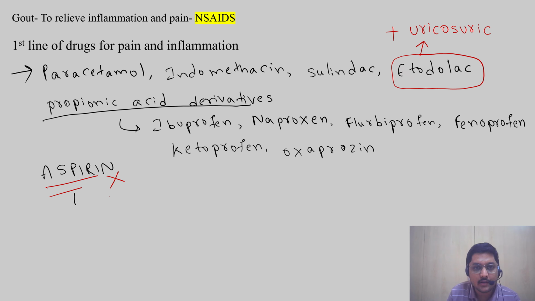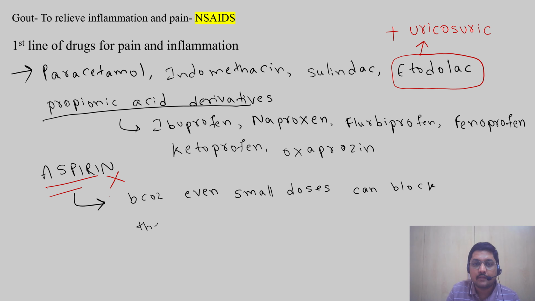Aspirin is not preferred in gout because even low doses of aspirin, that is even small doses, can block the effect of uricosuric agents if we use them concomitantly. That's why aspirin is usually avoided.